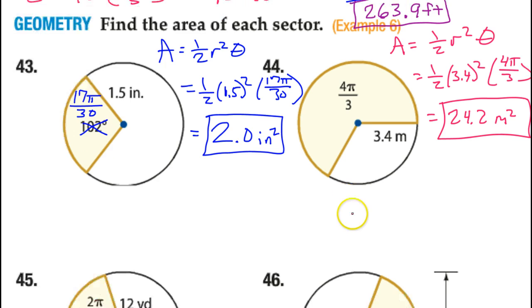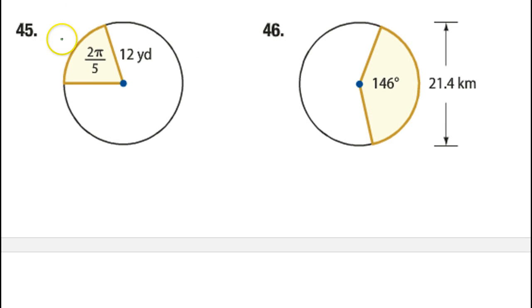All right, awesome. On number 45, again, we will be using the formula area is equal to 1/2 r squared theta. This time they gave us radians for the angle, so we can just jump right in.